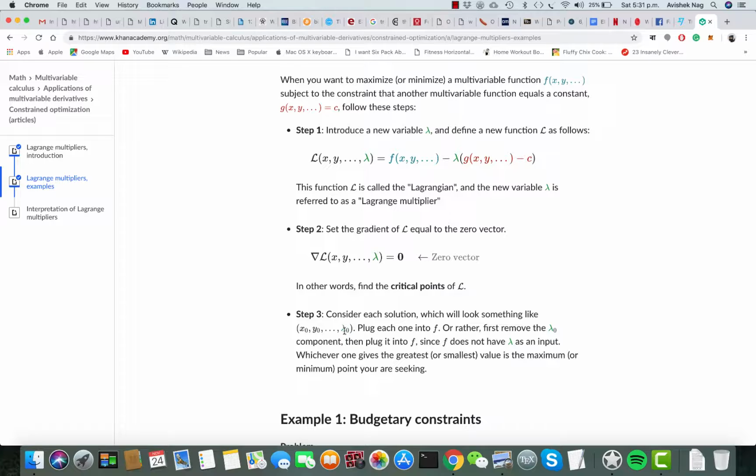That particular value of x, y will give you the maximum or the minimum of the function, and the corresponding value of lambda will give you the value of the multiplier. So we are using this concept in solving this problem here.